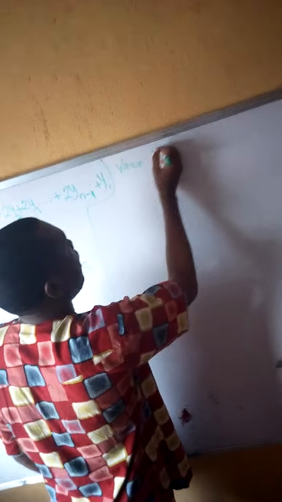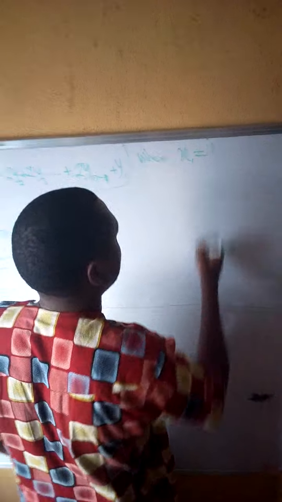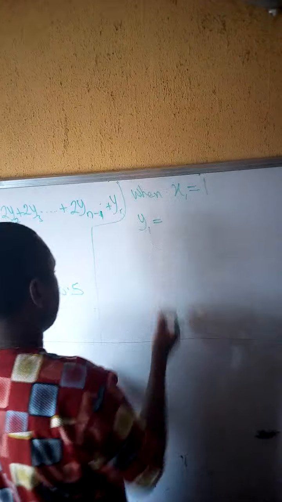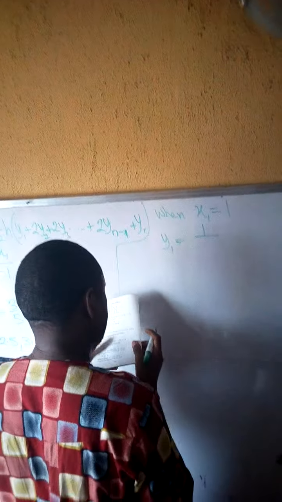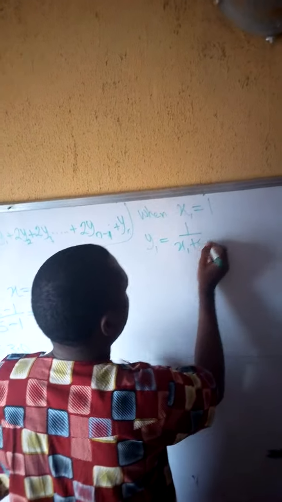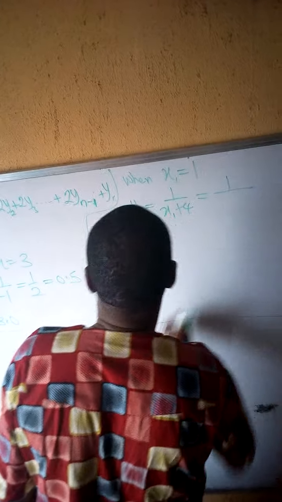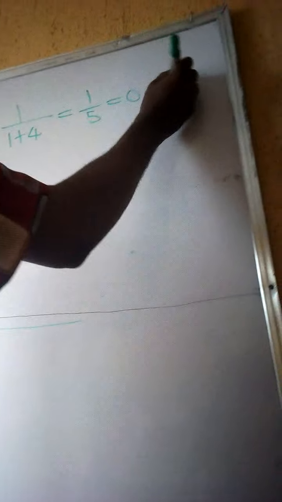When x equals 1, so let's call it x1, what will be y? y1 will be 1 over x1 plus 4, and that's 1 over 1 plus 4, which gives us 1 over 5, which is 0.2.